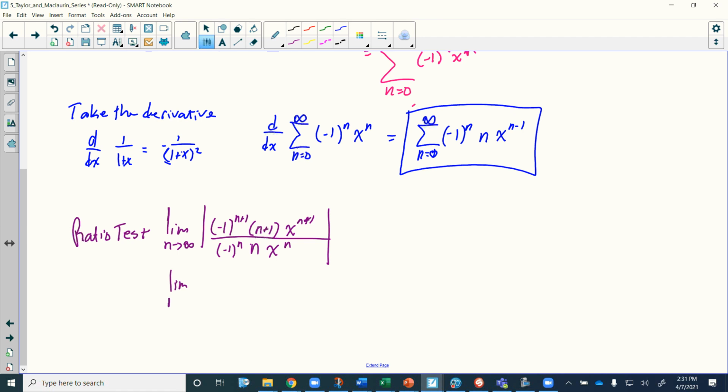Limit as n approaches infinity. The exponents, when we subtract them on the negative 1, just wind up with a negative 1 itself, so negative 1 in the top. The n plus 1 over n, those don't really simplify to each other, so I'm going to say n plus 1 here. And the x terms, again, subtract the exponents from each other, and n plus 1 minus n is just going to give me x to the first power, and all of it is going to be over n.